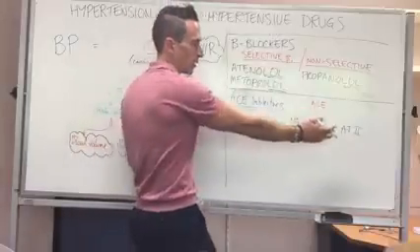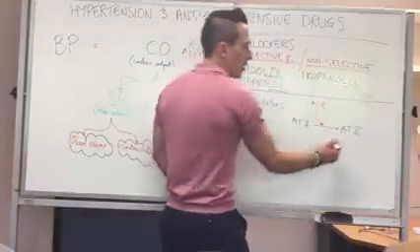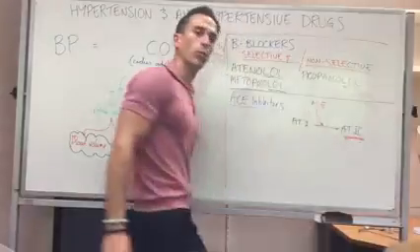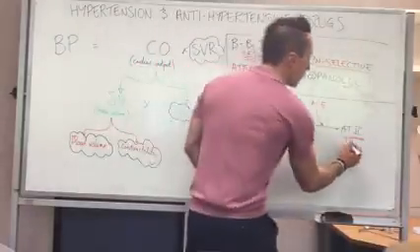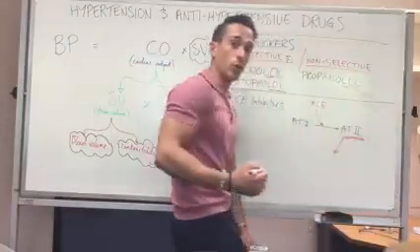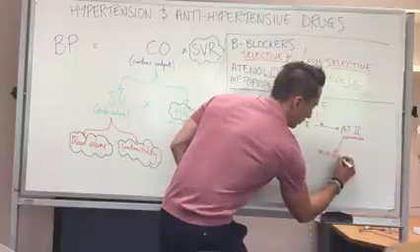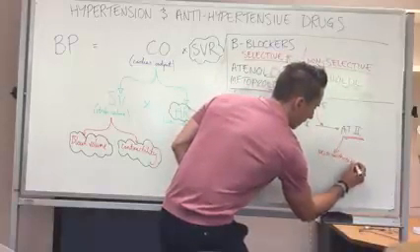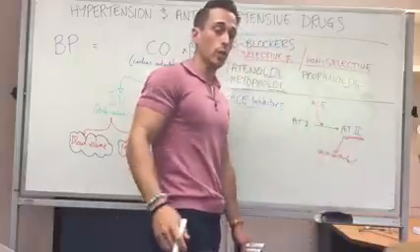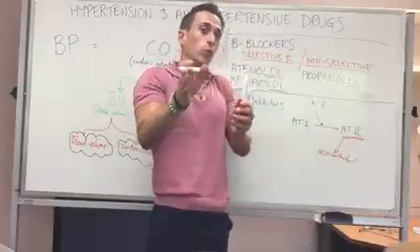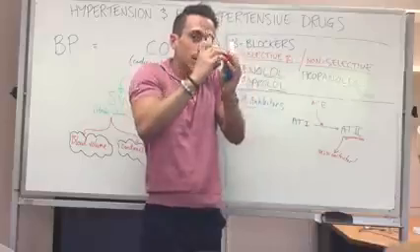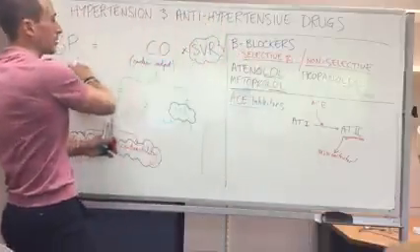Now, what's important about this whole process here? Well, once we make angiotensin 2, it has a number of different activities in the body. First of all, it's a potent vasoconstrictor, which means if you constrict blood vessels, what are you doing? You're increasing systemic vascular resistance, increasing blood pressure.